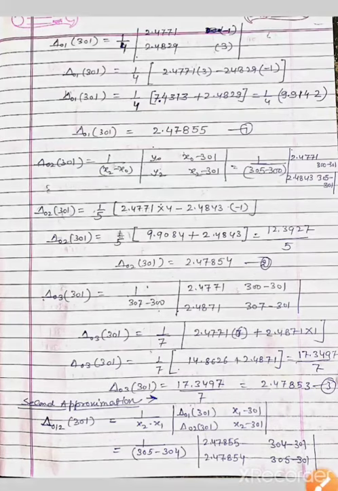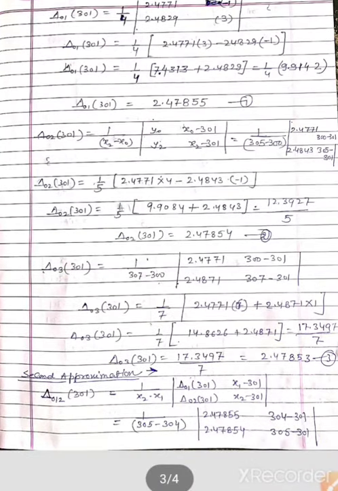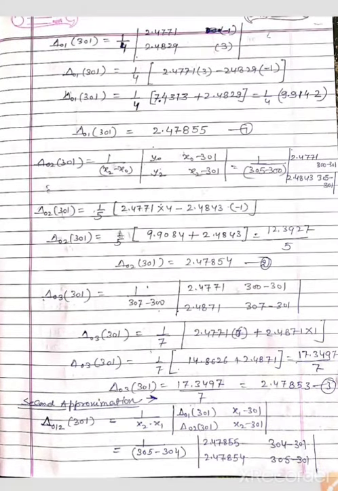Similarly, we obtain the first approximation by considering the points 0 and 2. The value of x2 is 305 and x0 is 300, and the value of y2 is 2.4843 and the value of y0 is 2.4771.